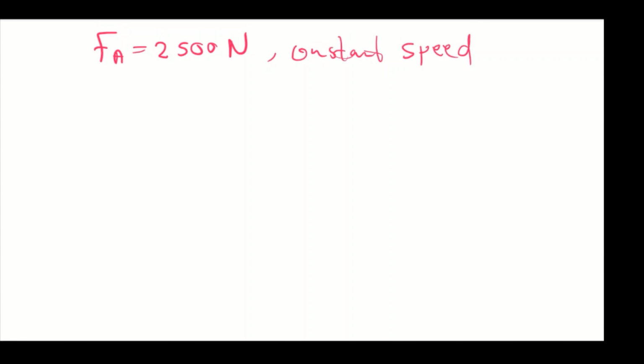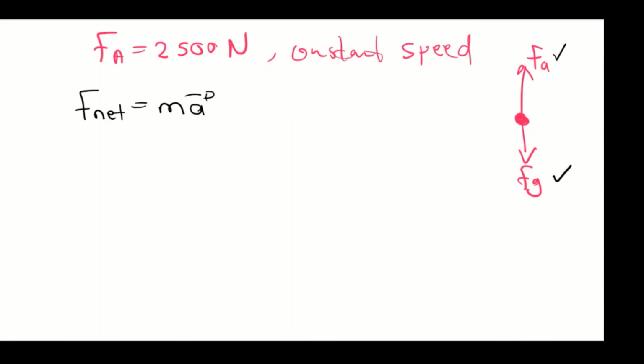The free body diagram of the lift is the force applied and the force of gravity below. So we're just going to write our F net, which is equal to ma. The net force is the force applied minus the force of gravity. So it's going to be force applied minus force of gravity is equal to ma.